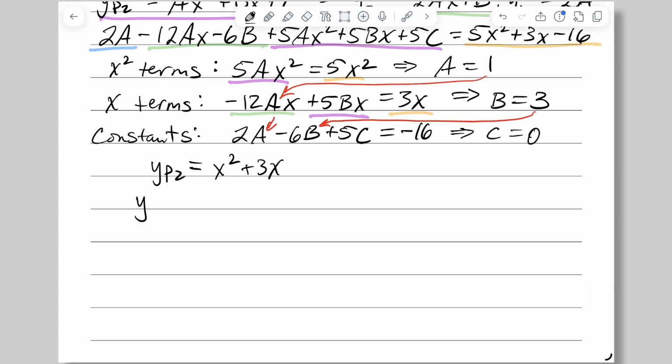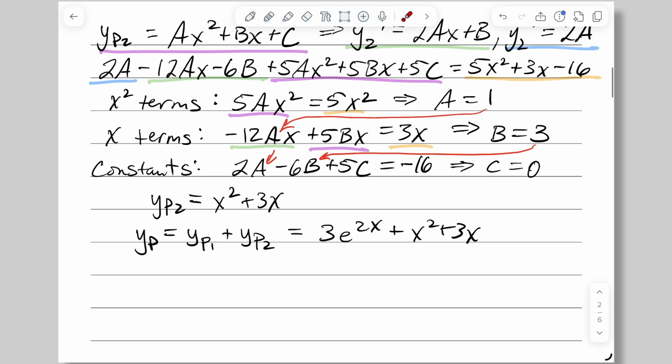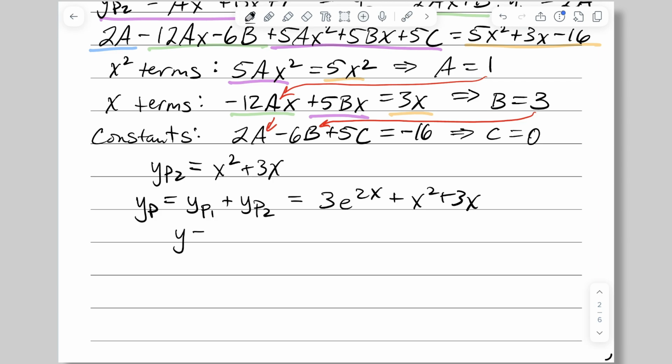The overall particular solution is the sum of the individual particular solutions, and we saw that before. It was called the superposition principle for nonhomogeneous differential equations. And so in this case it is going to be 3e to the 2x from the first round plus x squared plus 3x from the second round. That together with the complementary function gives us our solution.